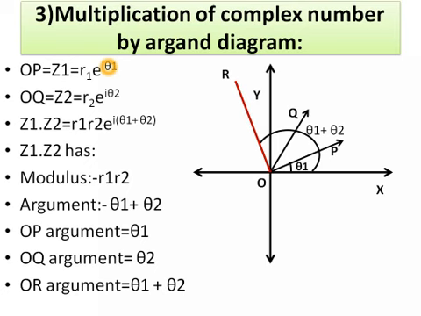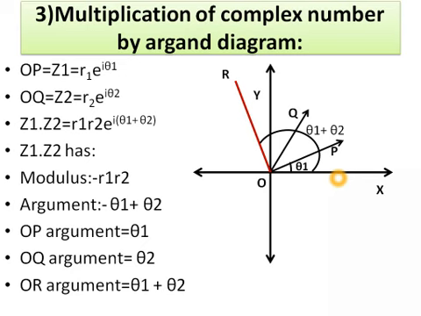In this diagram, we have shown vector OP making an angle of theta 1 with respect to the axis of reals, with OP at a distance equal to R1. We call that R1 the modulus, and theta 1 is said to be the phase angle or argument of the complex number.